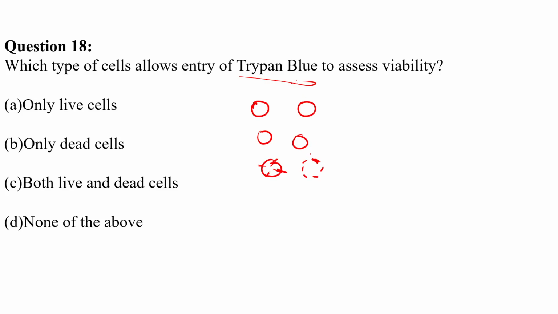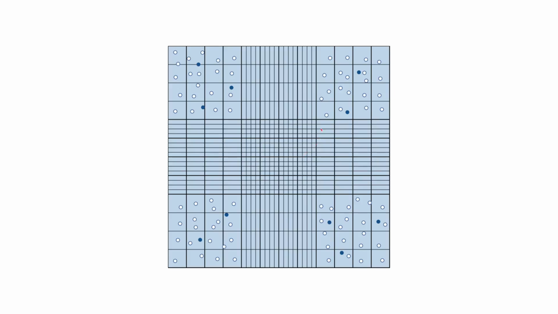Since these cells have perforations, trypan blue can enter, and as a result these cells will appear blue in color. The cells that appear blue are the dead cells, and the cells that appear transparent are the live cells.